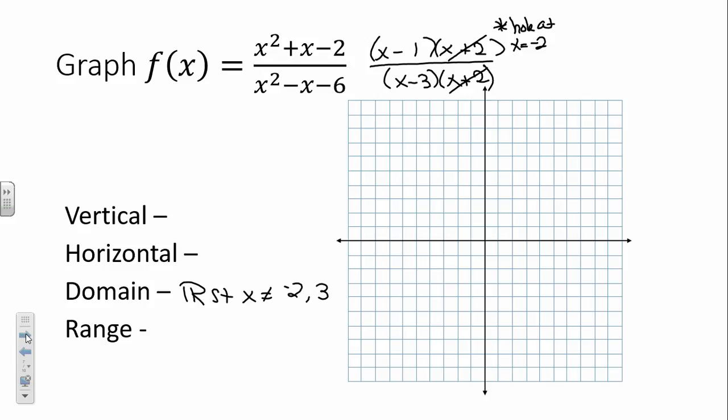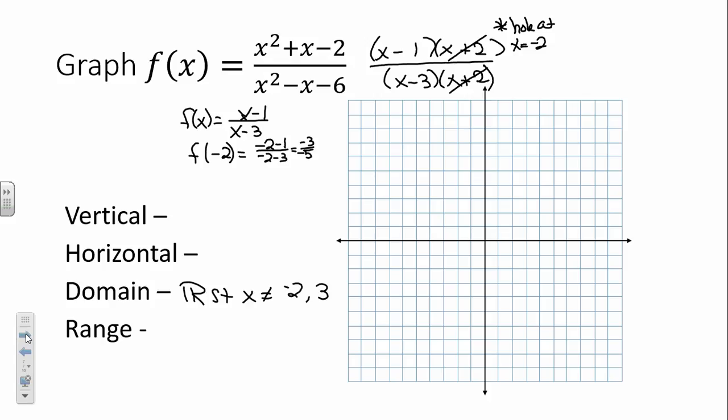Okay? So now that we've canceled them, let's put -2 in for x and find out where that hole is going to lie. If f of x is now x minus 1 over x minus 3, and we find f of -2, that means we'll have -2 minus 1 and -2 minus 3. -2 minus 1 is -3. -2 minus 3 is -5, so positive 3/5.